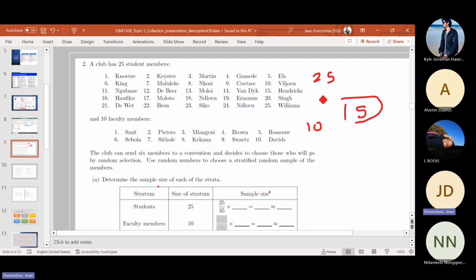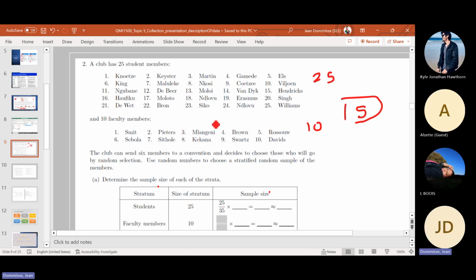Basically what we will do is say, in total, I've got 35. So students, there are 25 of them, divided by 35 times 15. Here I said 6 members, so the answer sheet will just refer to 6.